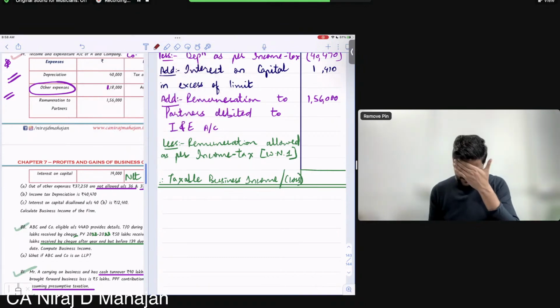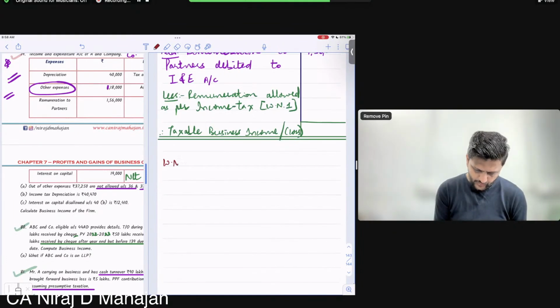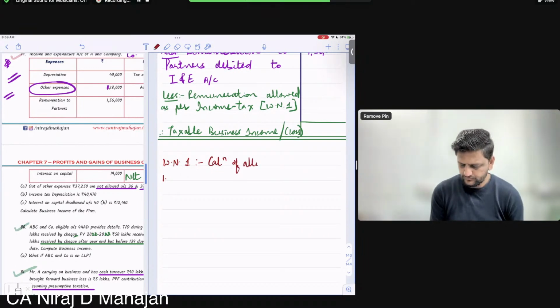Finally, all of you. Ready? Working note 1. Calculation of allowable remuneration. First part.